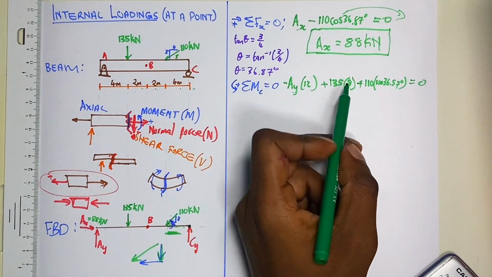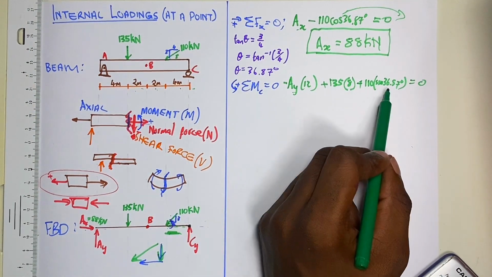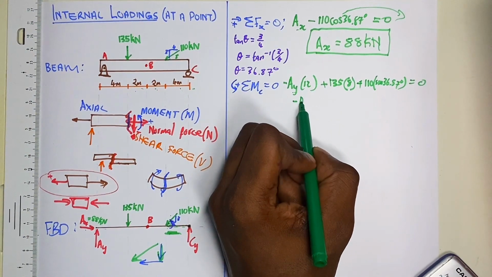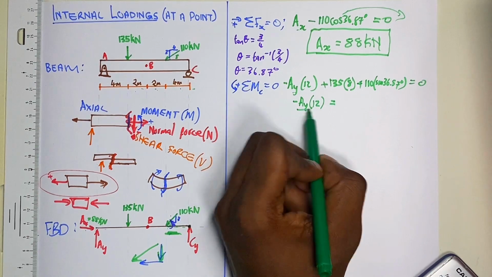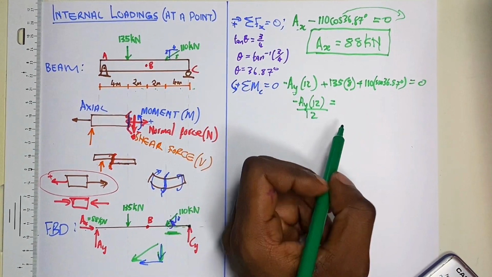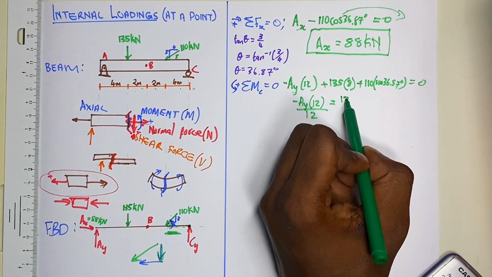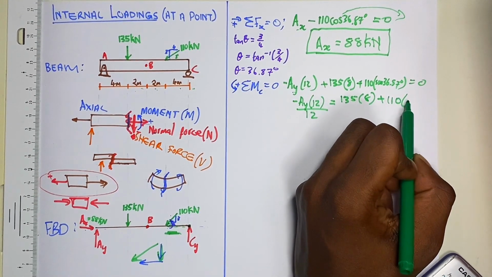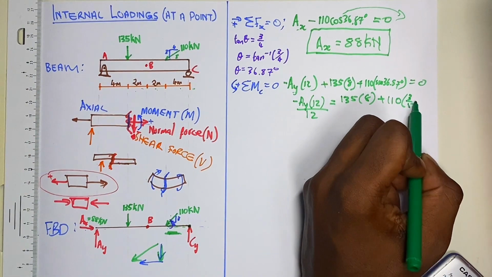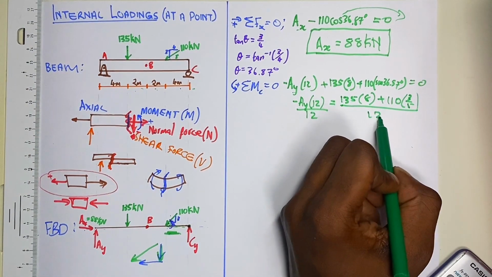So all of these are equal to 0. Now I'm just going to add all these up and move them to the other side, and then multiply by 12 on both sides. So I will have 135 multiplied by 8 plus 110 into 3/5, all divided by 12.